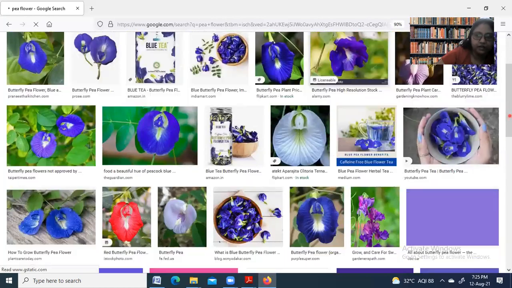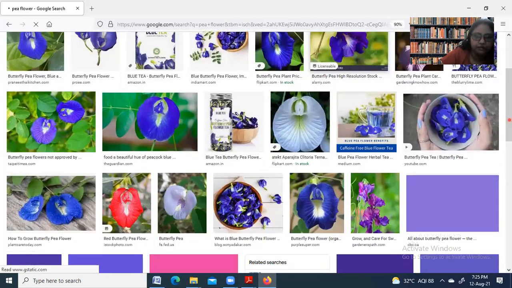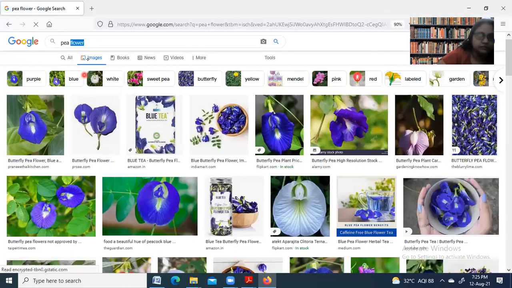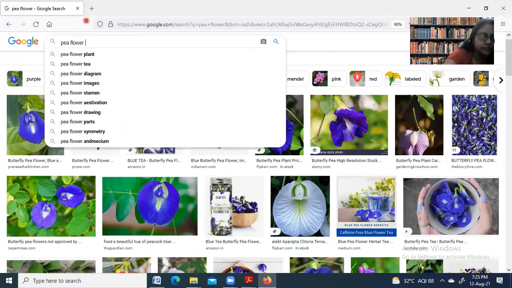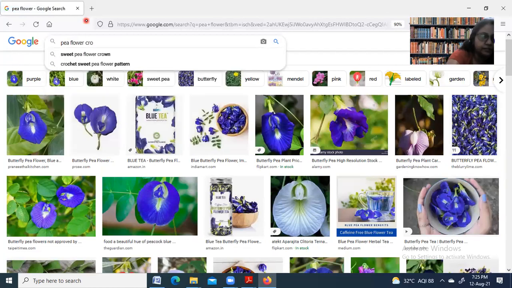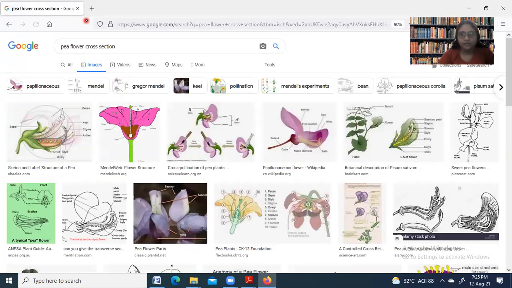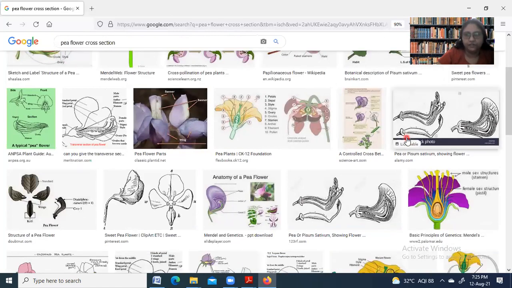If you take a cross section of pea flower, you will be able to see. This is the image I was referring.